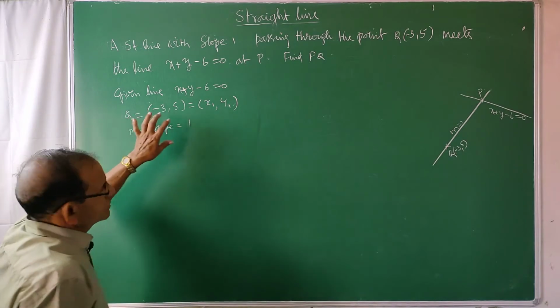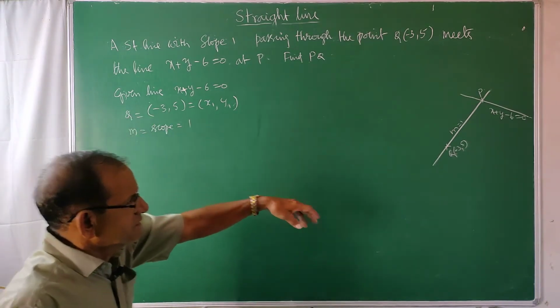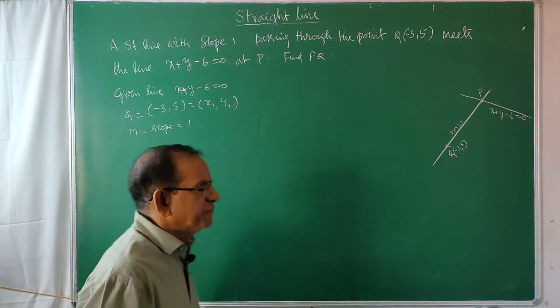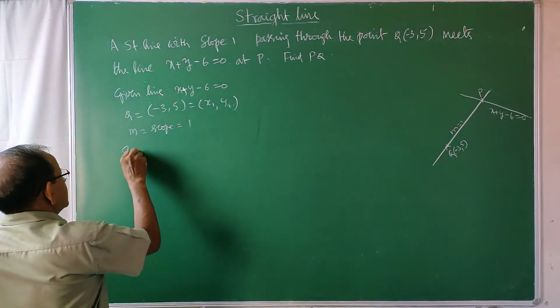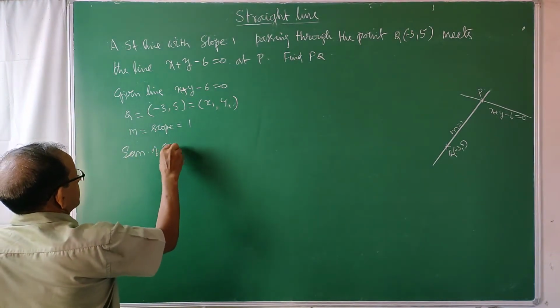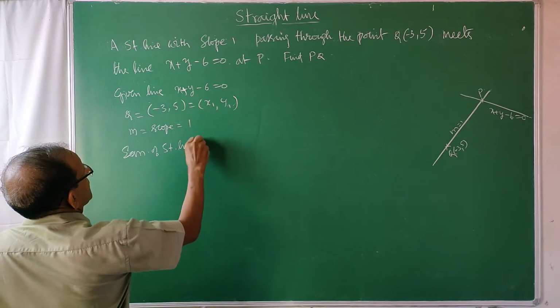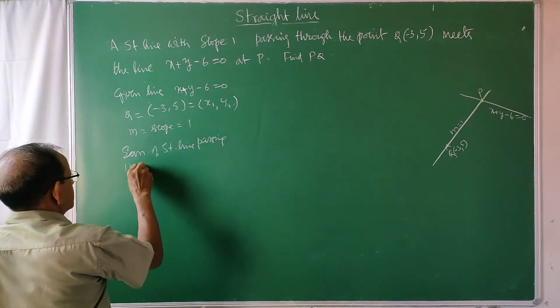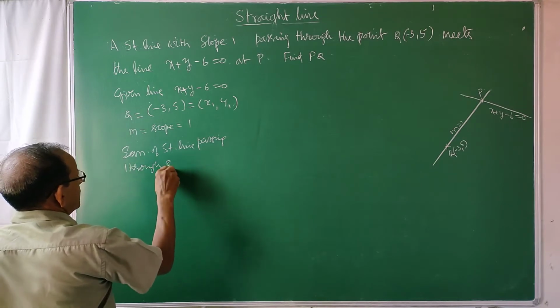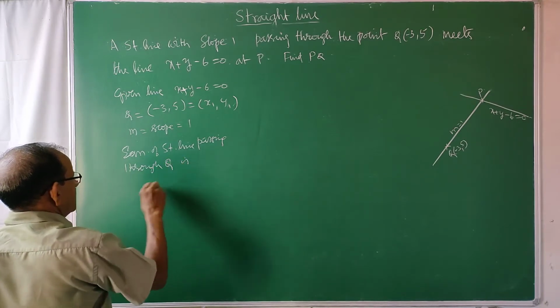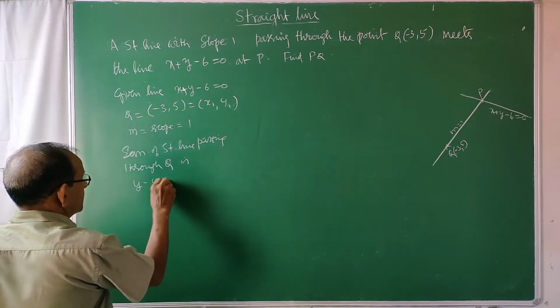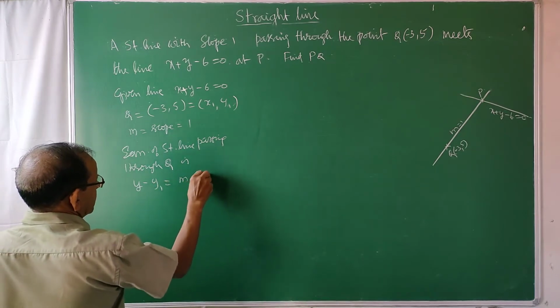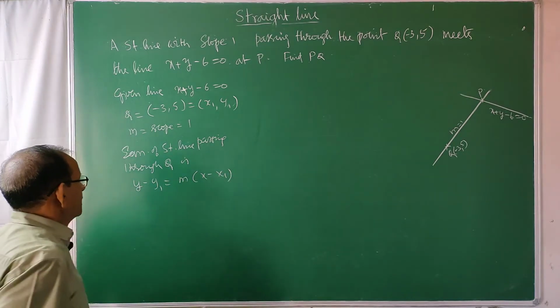Let us use slope point form to get the equation of this line which is passing through Q. So equation of straight line passing through Q is y - y1 = m(x - x1).